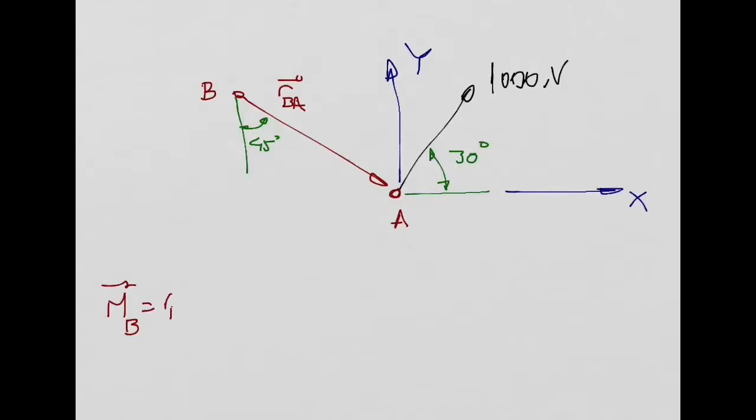We need to do this cross product to obtain the moment, RBA cross the force. So let's start with the position vector. What is the x component? In order to simplify, let me say the norm of RBA is equal to 10 meters, for example.